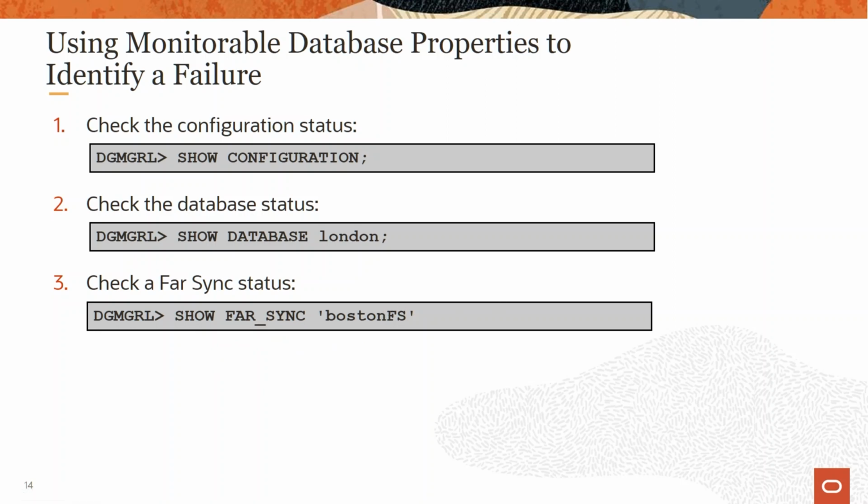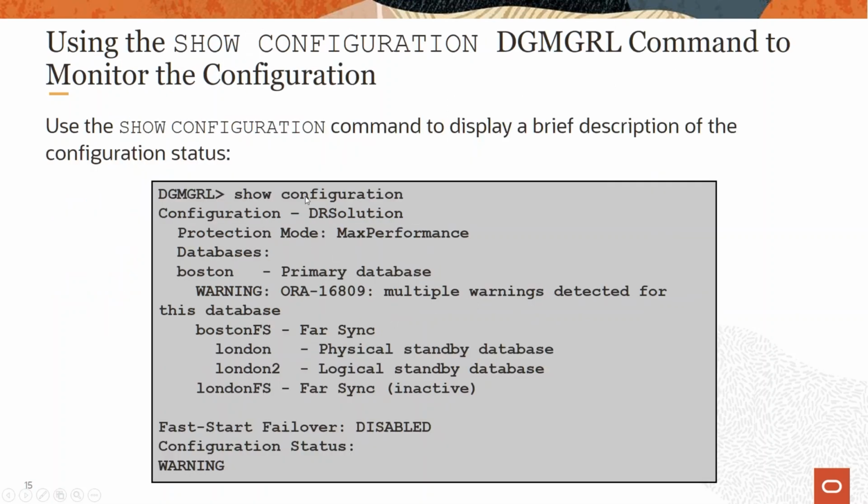These commands will show you basic information. For example, when you run the show configuration command, it will show you the configuration name and also protection mode and primary database and also far sync instance and also error messages, just basic information at a high level.